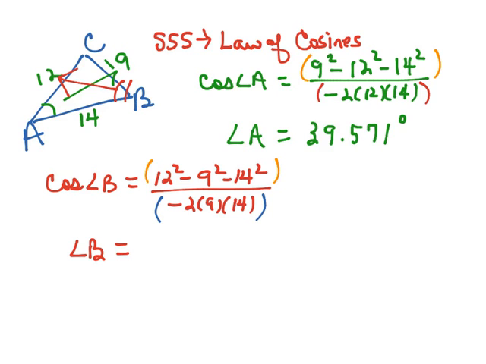So inverse cosine, put in an additional parentheses, 12 squared minus 9 squared minus 14 squared, close the parentheses, divided by parentheses, negative 2 times 9 times 14, close the parentheses, close the big parentheses for cosine, and we come up with angle B is 58.145 degrees.